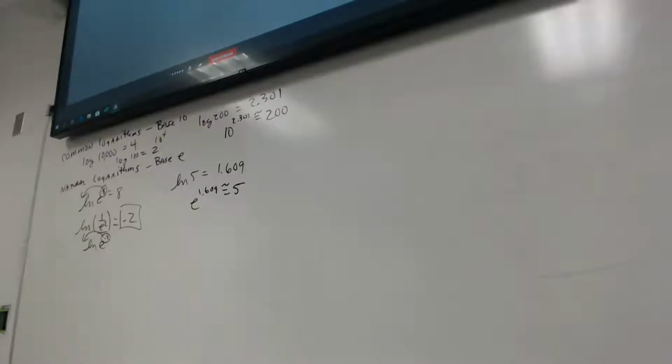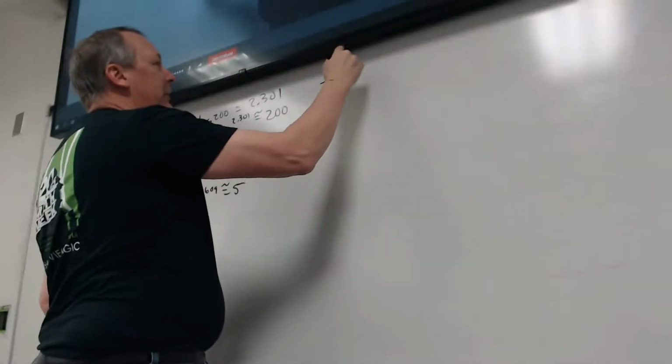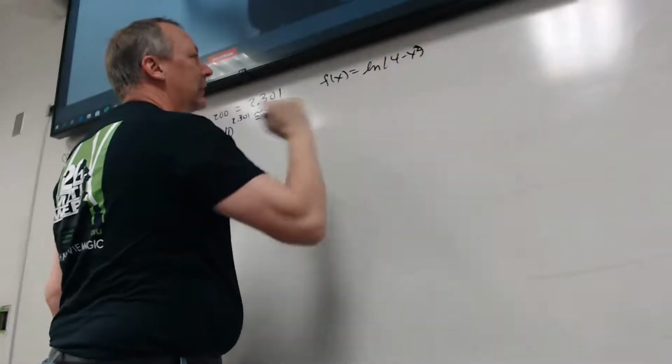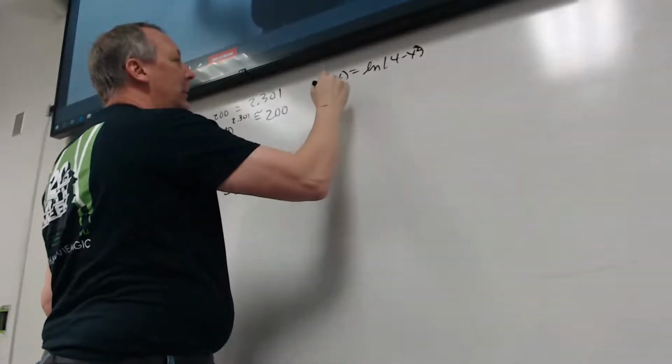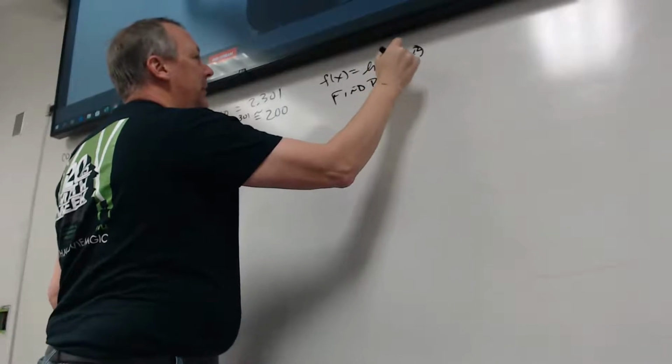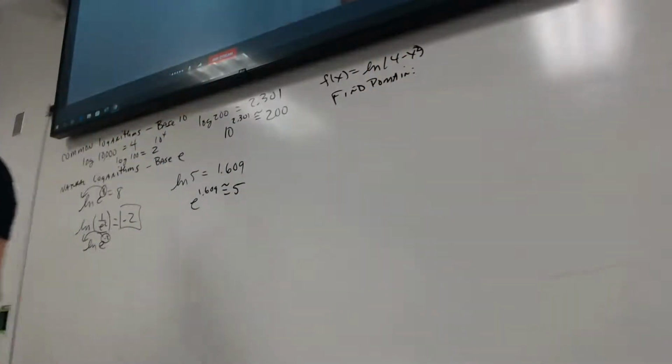Okay, so they've only got one example in here. f of x equals ln of (4 minus x squared). And I want you to find the domain. Now, I'm going to spend a little bit more time on this because I can almost guarantee, 90% probability, let's say, that you're going to see a problem like this on the final exam.